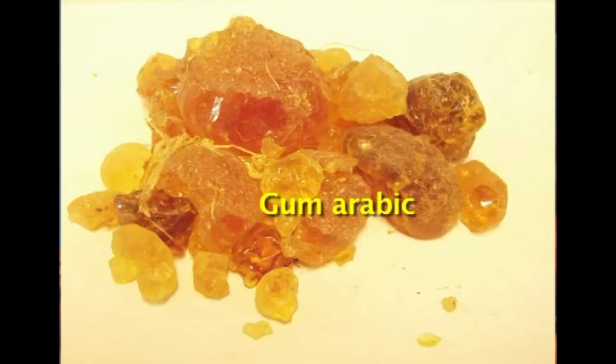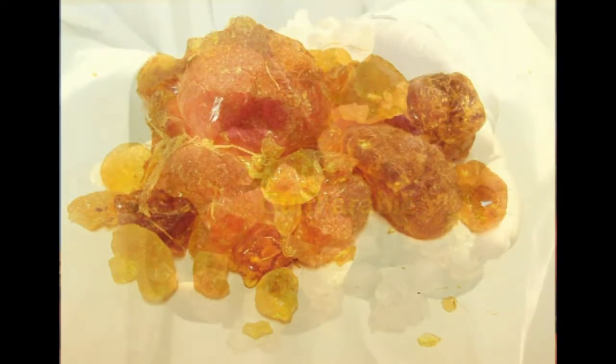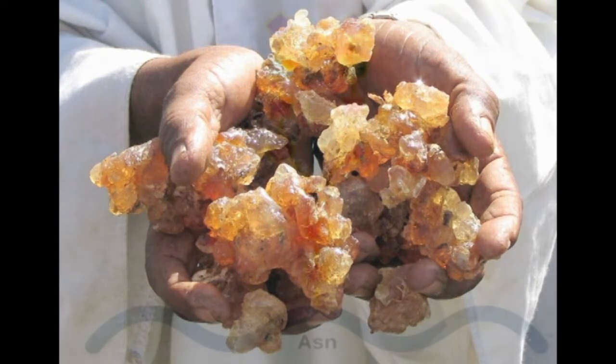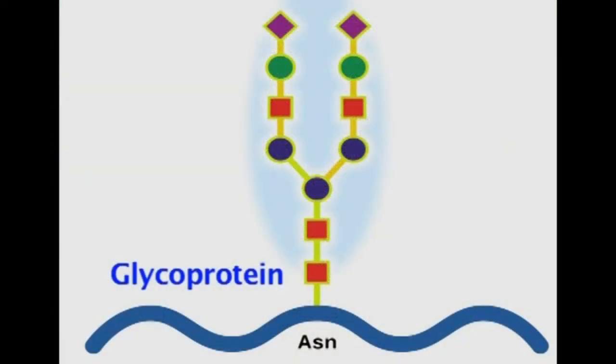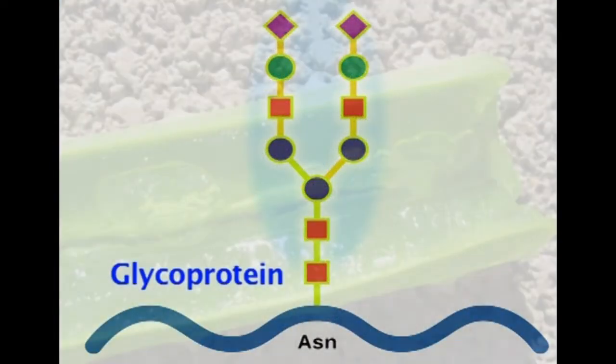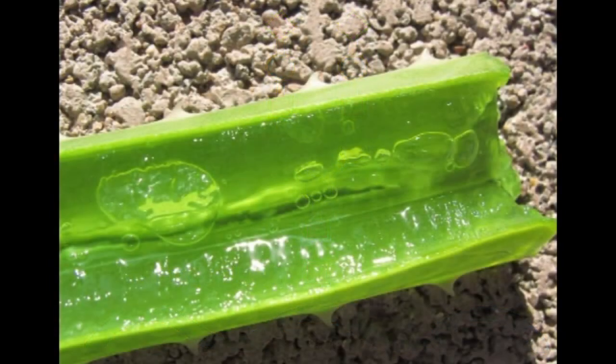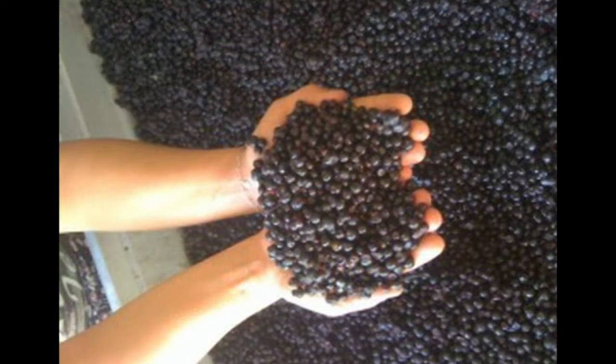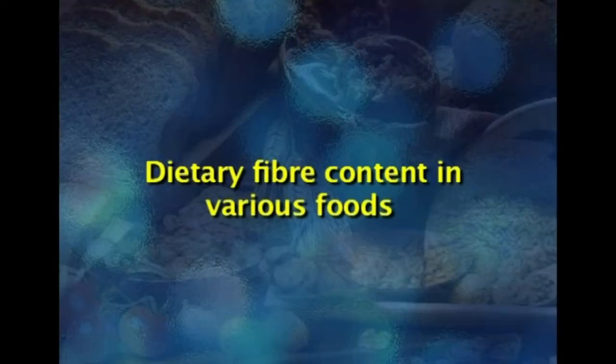Gum arabic is exudated from the acacia tree and is a complex arabinogalactan polysaccharide in an admixture with glycoprotein. Mucilages are secreted into the endosperm of plant seeds where they act to prevent excessive dehydration. This was about the classification of dietary fiber and the components of dietary fiber.